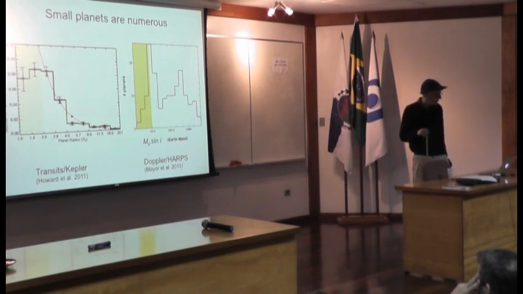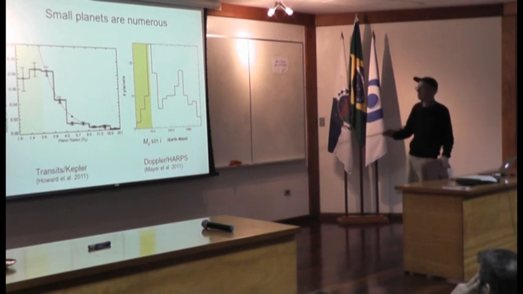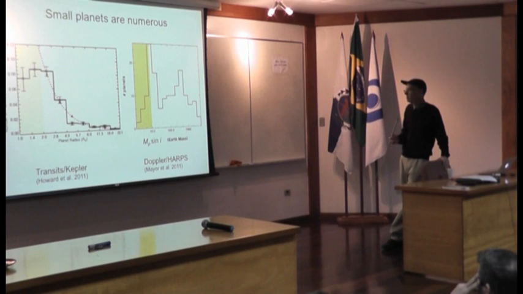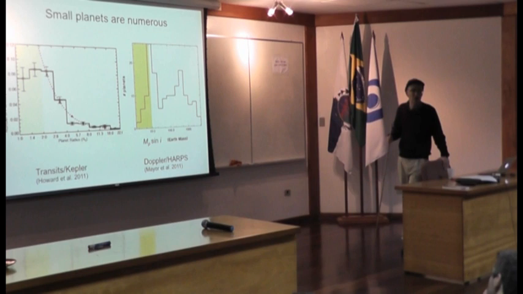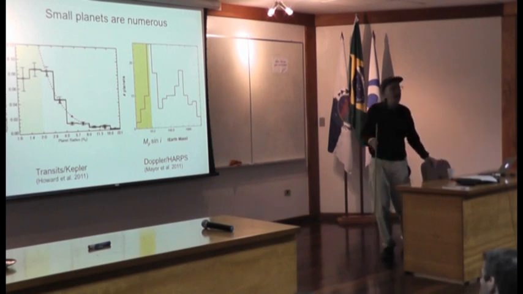Okay, this is an early Kepler result saying small planets are numerous. This is an RV result from just the surveys, one of the highest precision surveys there is.